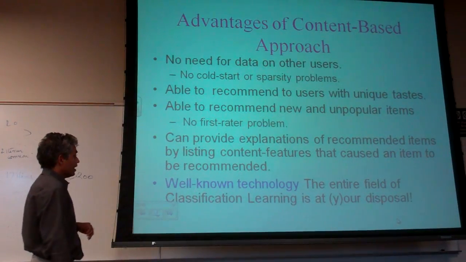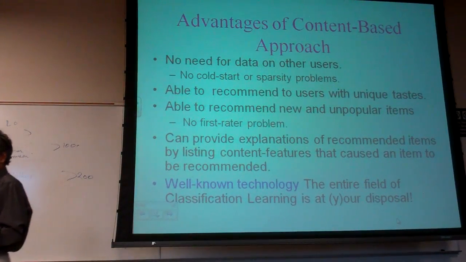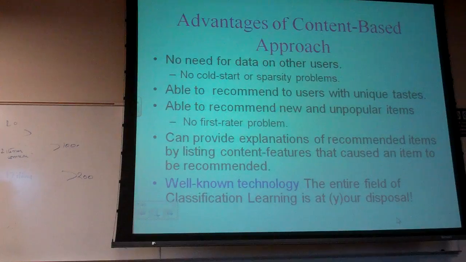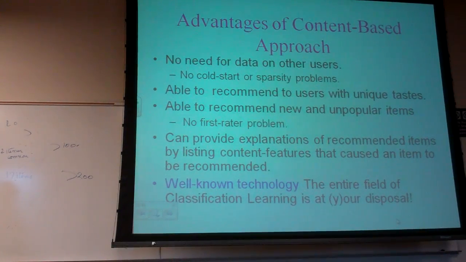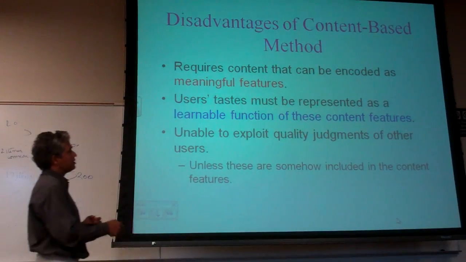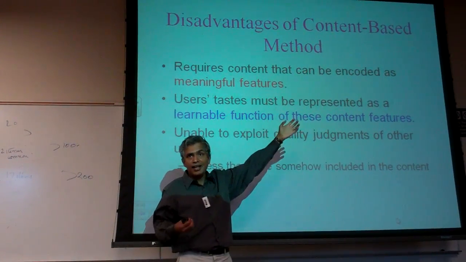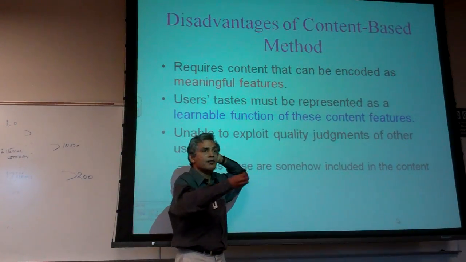Okay, and of course, the entire field of text categorization, classification learning is at your fingertips that you can use for content-based filtering. But the problem with the content-based approach is, as I said, it's domain specific. So you cannot suggest aspirin based on books.